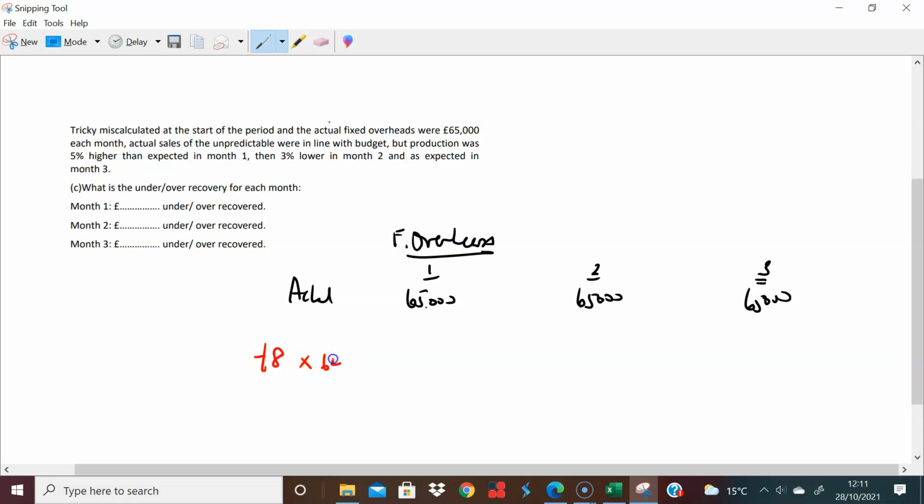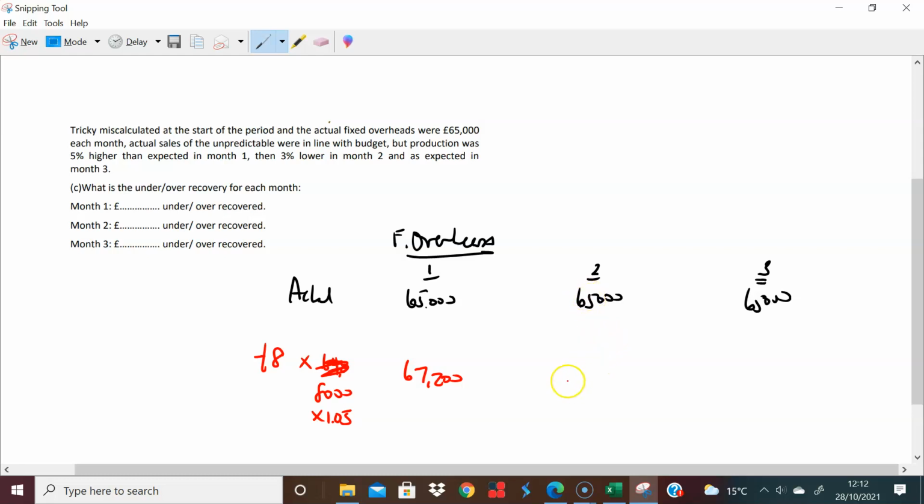So you had initially planned to do 8,000 units, forgive me, 8,000 units. And it said production was actually 5% higher. So multiply that by 1.05, right? That's 5% on top of the 8,000 was what you actually produced. So you've put in 8 times 8,000 times 1.05, and that takes you to 67,200. That's what you have in your system right now, 67,200.